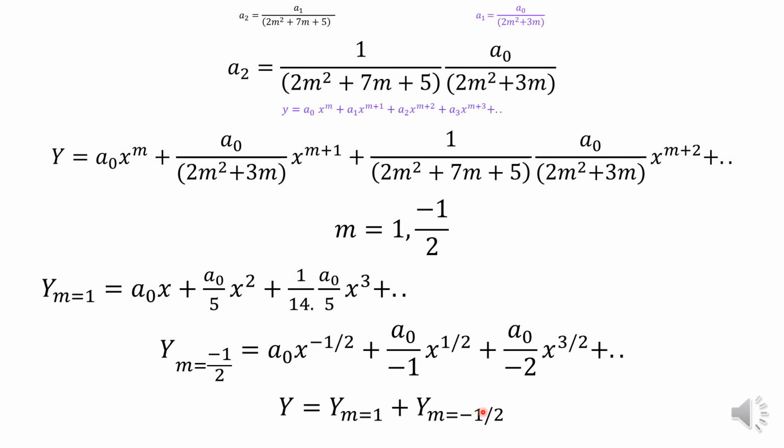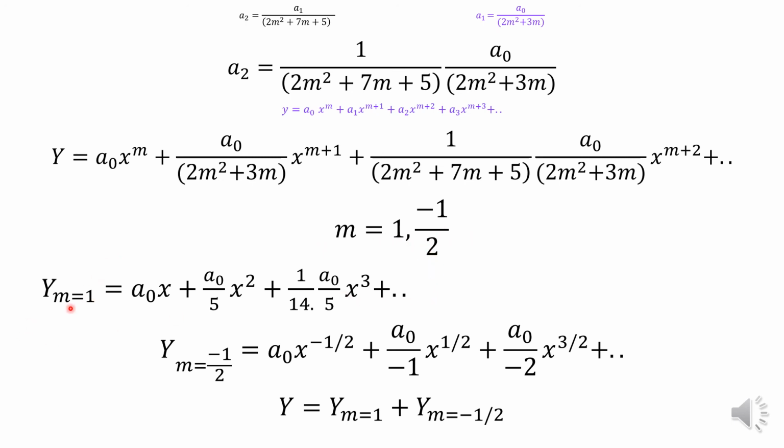A0 we are not finding, as such we are writing. So now try to put the values a0 x to the power m, a1 we will try to put, a2 we will try to put, and then whatever we get is the solution of this question. This type of question we are getting. Then put m, because two solutions are there, 1 and minus 1 by 2.